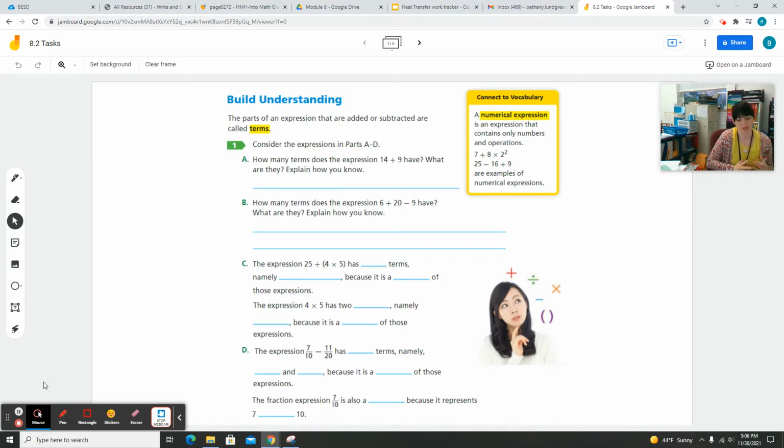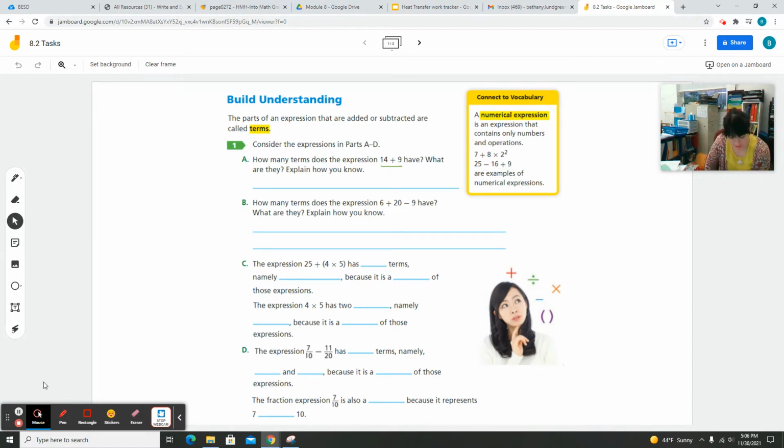So for part A, how many terms does the expression 14 plus 9 have? What are they, and explain how you know. Well, we know that a term is separated by an addition or a subtraction sign.